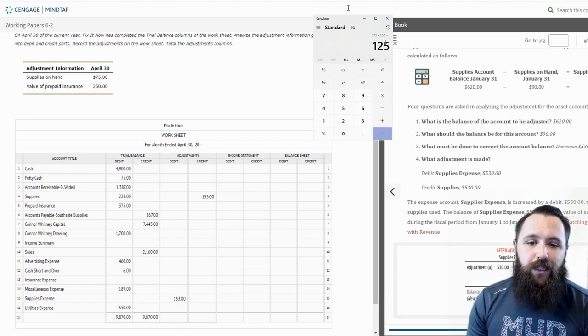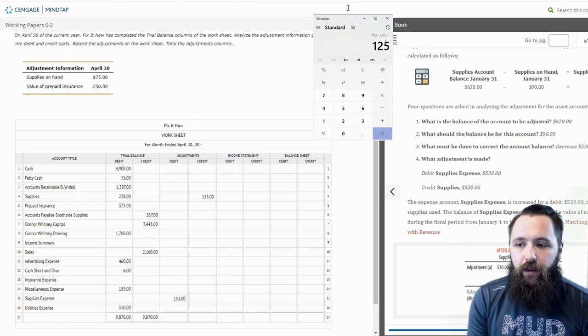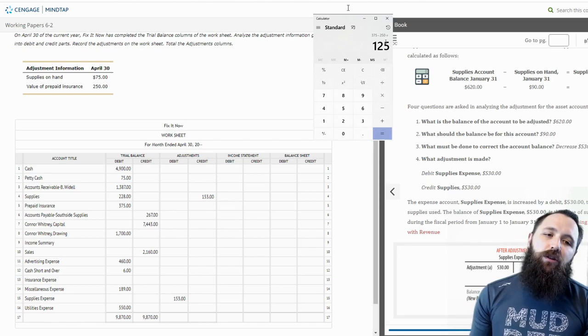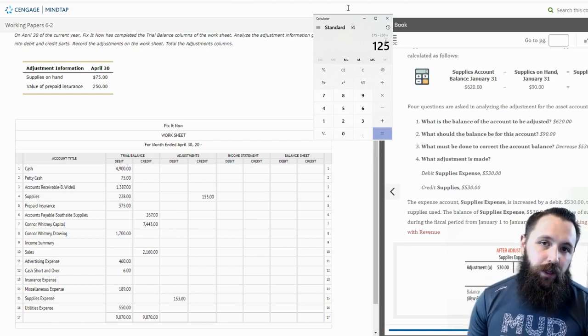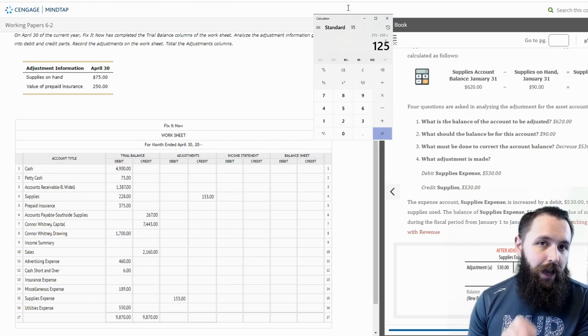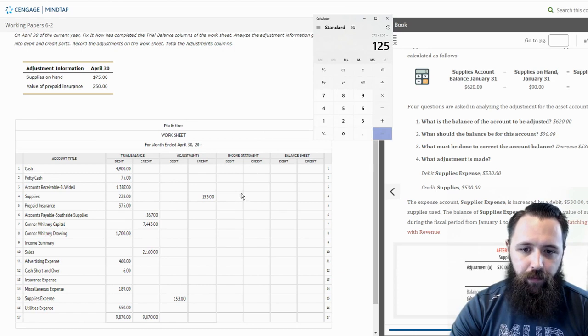And then what adjustments must be made? Insurance expense must be debited. We must increase that insurance expense. Then we must credit prepaid insurance because we must bring it down. How do we decrease an asset? We credit it. So let's go into prepaid insurance.